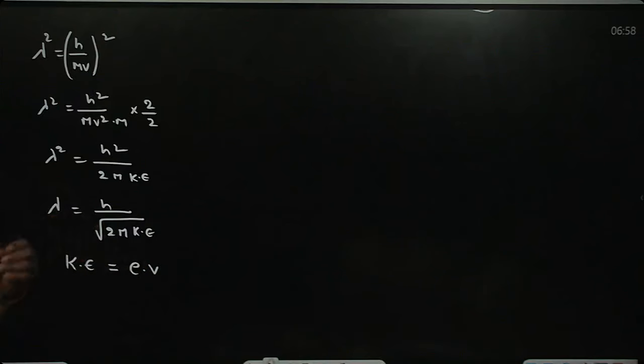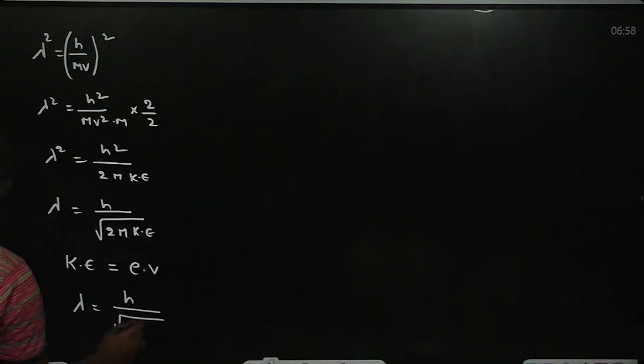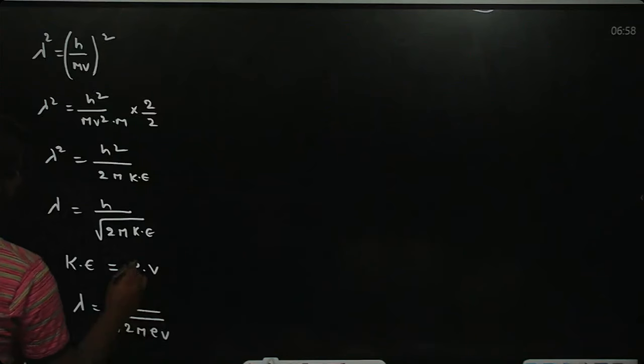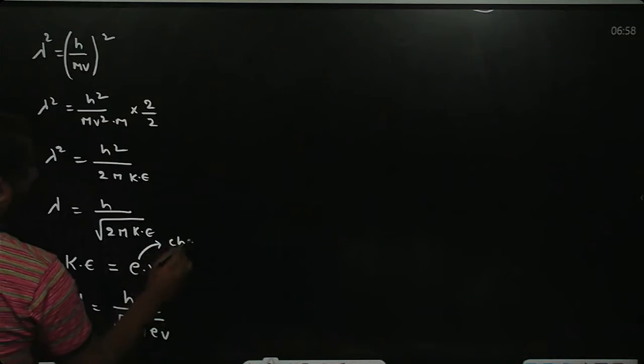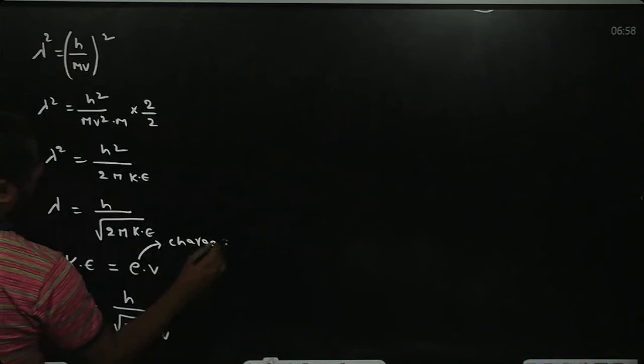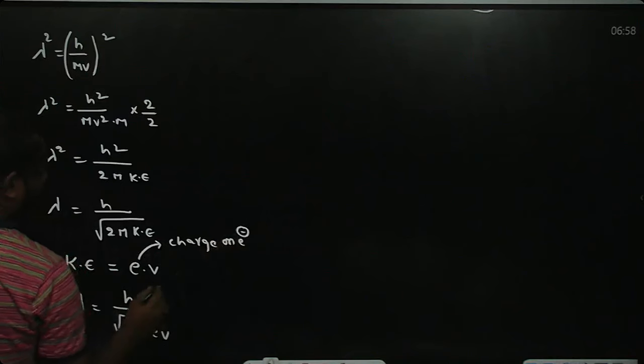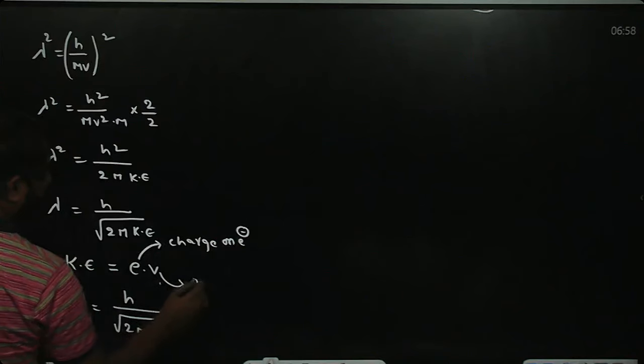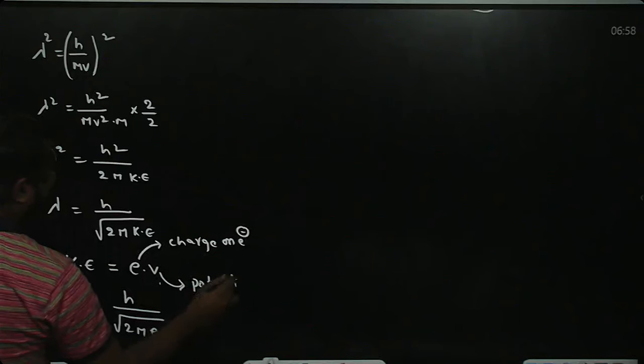The charge of an electron is 1.602 into 10 power minus 19 coulombs. So lambda equals h by root over 2m eV, where e is the charge on the electron and V is the potential difference applied.